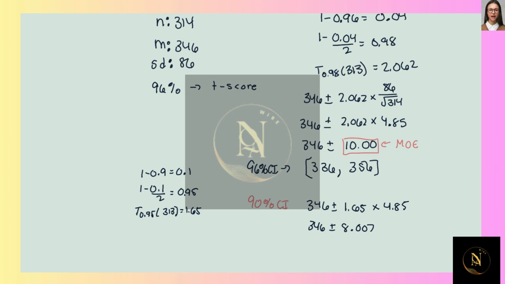And so to 2 decimal places, it would be 346 plus or minus 8.01. 346 minus 8.01, oops, that's not right. 346 minus 8.01 is 337.99, comma.